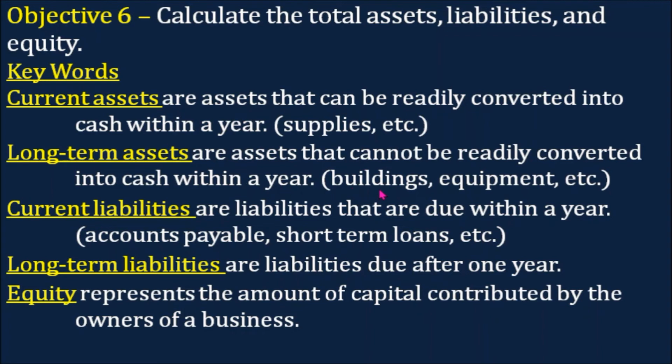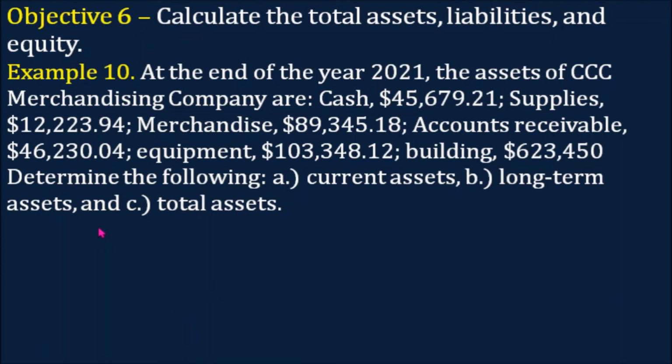Examples, buildings, equipment, etc. Current liabilities are liabilities that are due within a year. Examples, accounts payable, short-term loans, etc. Long-term liabilities are liabilities due after 1 year, and equity represents the amount of capital contributed by the owners of a business.